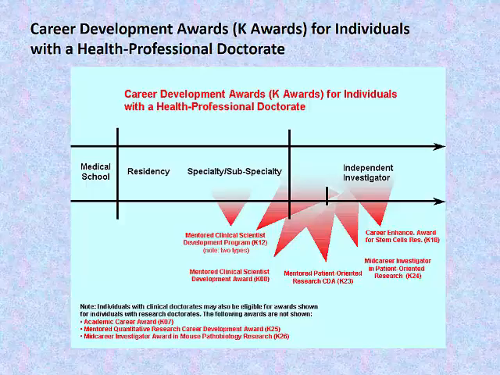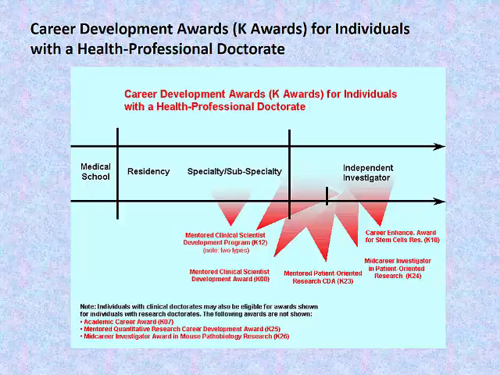The K08, again, is for junior faculty, as is the K23. And then when you're further along, there are some mid-career awards, the K24. So this might be somebody who started out as a clinician educator, and then 3 or 4 years on the faculty decided they would like to transition to being a clinician researcher.